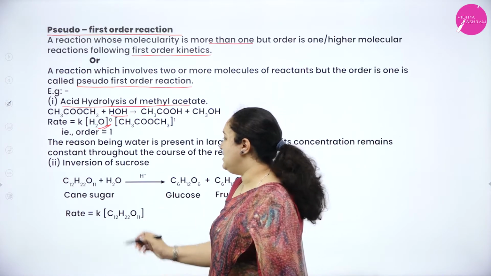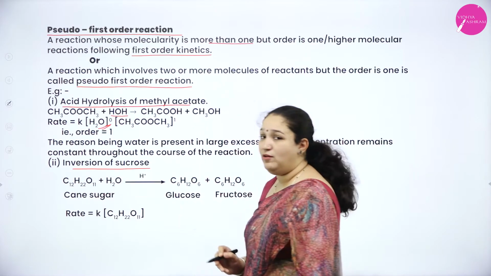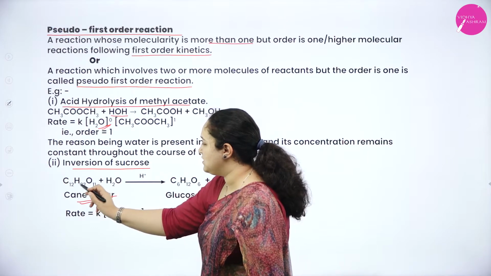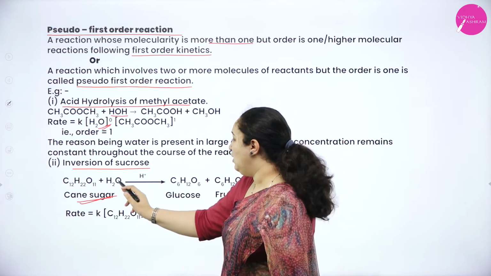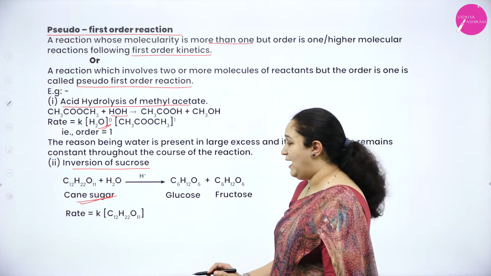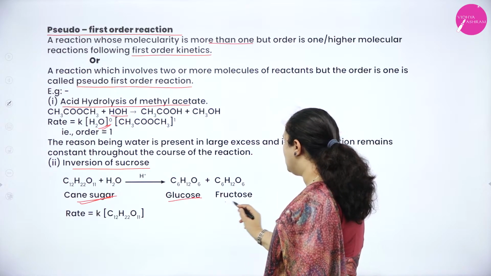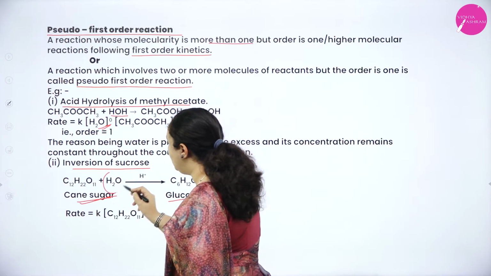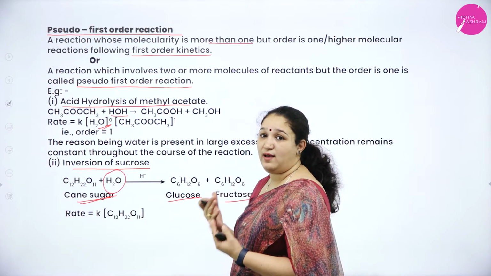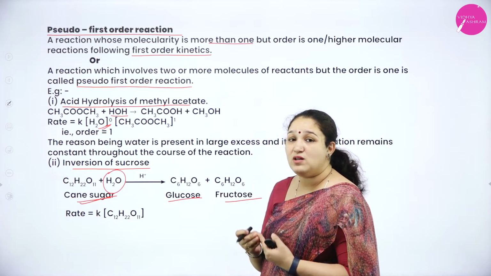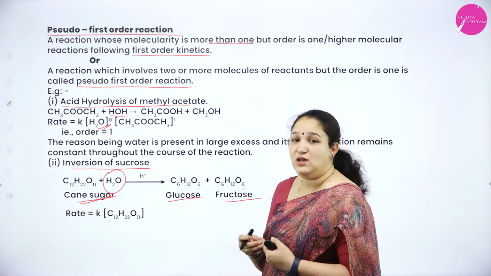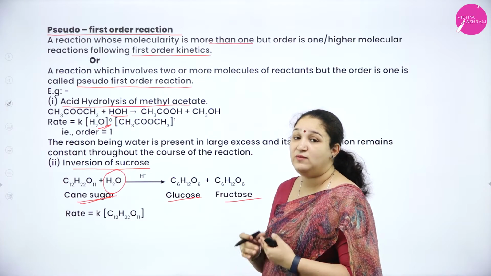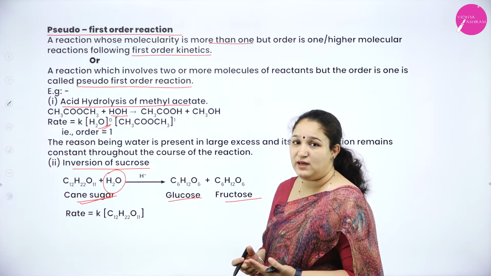Next example is inversion of sucrose. So, we have taken cane sugar which is nothing but sucrose, C12H22O11, with water in the presence of acid. You will get glucose and fructose. So here also the water is taken in large excess so that the concentration of water almost remains constant throughout and it will not affect the rate of the reaction.